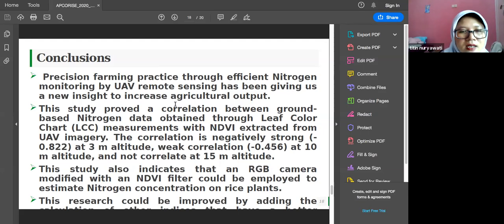The correlation is negatively strong at 3-meter altitude, weak at 10 meters, and no correlation at 15 meters. The study also indicates that an RGB camera modified with an NDVI filter could be employed to estimate nitrogen concentration on rice plants. This result could be improved by adding the calculation of other indices that have better correlation.